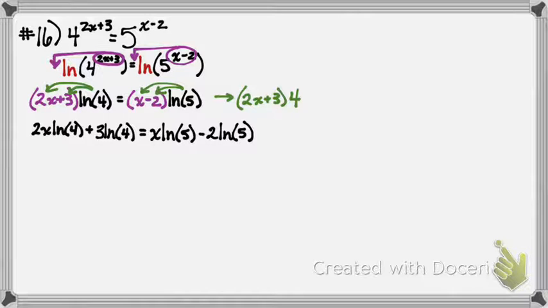Subtract. I'm going to subtract x natural log of 5 from both sides. And at the same time, I'm going to subtract 3 natural log of 4 from both sides so that I can get my things that are just numbers to one side as well.